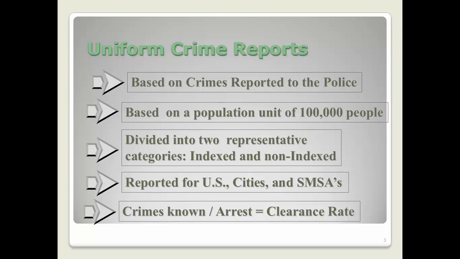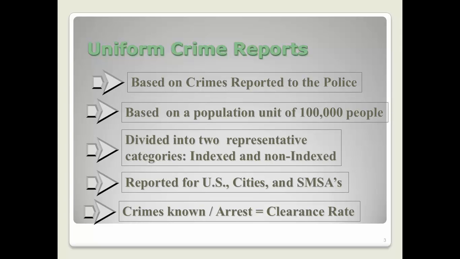If the news says crime's going up, crime's going down, murders increased, almost all that data comes from the annual release of UCR data, and it's collected by the FBI from police agencies all across the U.S. Almost all police departments report their data to the FBI. The FBI compiles it and releases it in a report called Crime in the U.S. And that's usually what the media picks up on when they say crime is up or down.